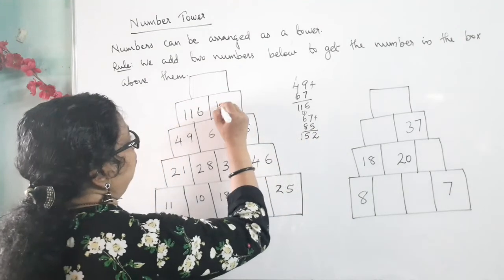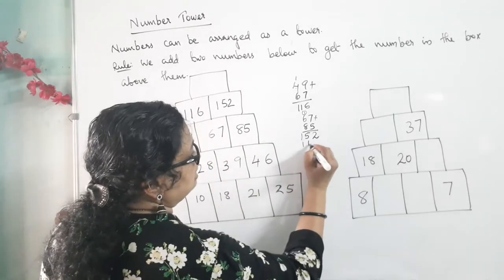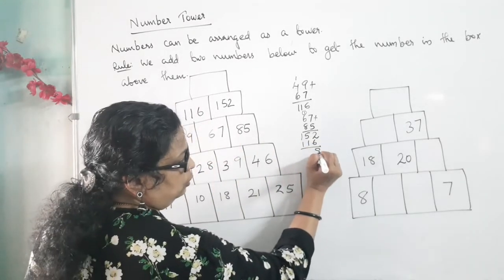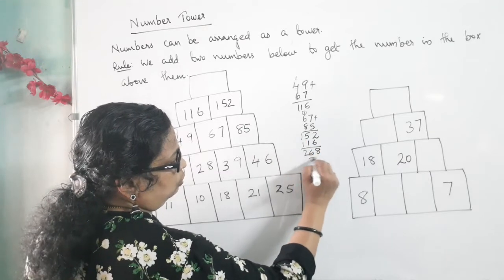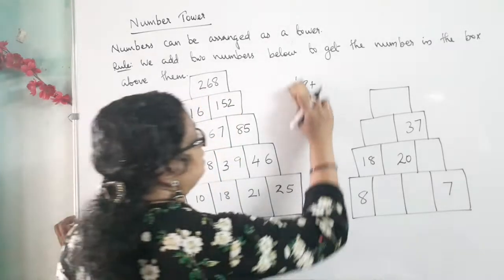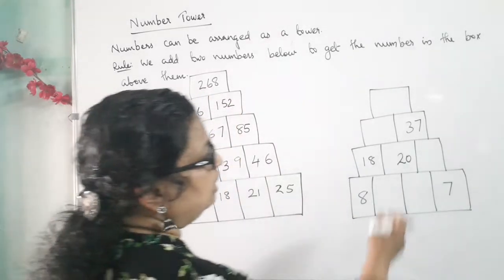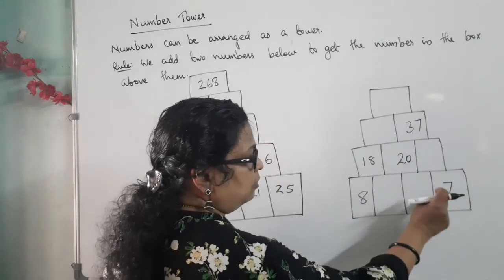So we get 152. Then 152 plus 116. 6 plus 2, 8, 5 plus 1, 6, 1 plus 1, 2. So 268.